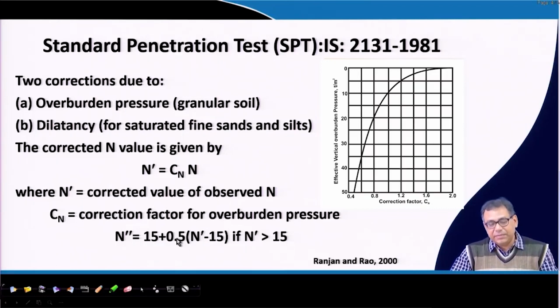Applying the dilatancy correction also will reduce the N value. Now, why will I apply the dilatancy correction? And why is it 15, that is also another question. Because this dilatancy correction is generally applied for dense soil, and generally if the soil is dense, then it will give you a higher N value. So, if it is more than 15, we will treat the soil as medium dense or dense soil.